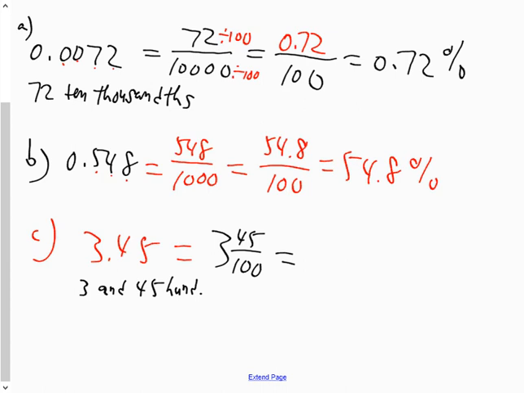From there, I don't want to work with mixed fractions, I want to work with improper fractions. So I'm going to make a quick conversion from a mixed fraction to an improper one. Remember, back in grade 6, you probably learned that 100 times 3 is 300, plus 45 is 345 over 100. Once you have that, you have 345 hundredths, which is 345%.